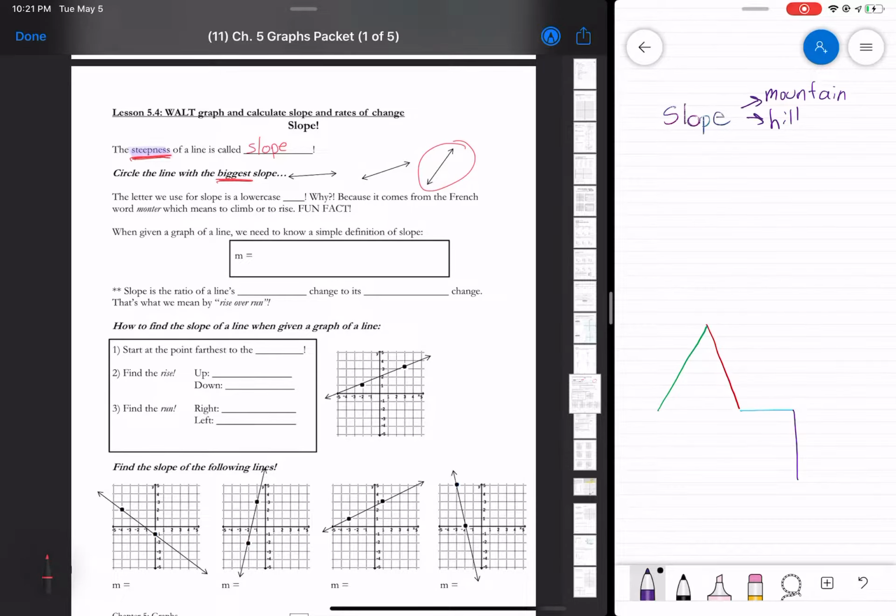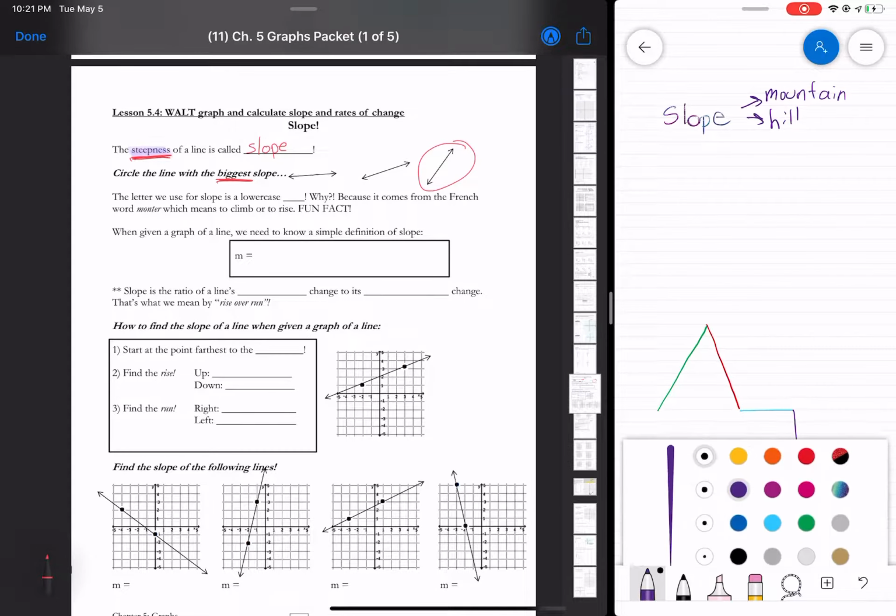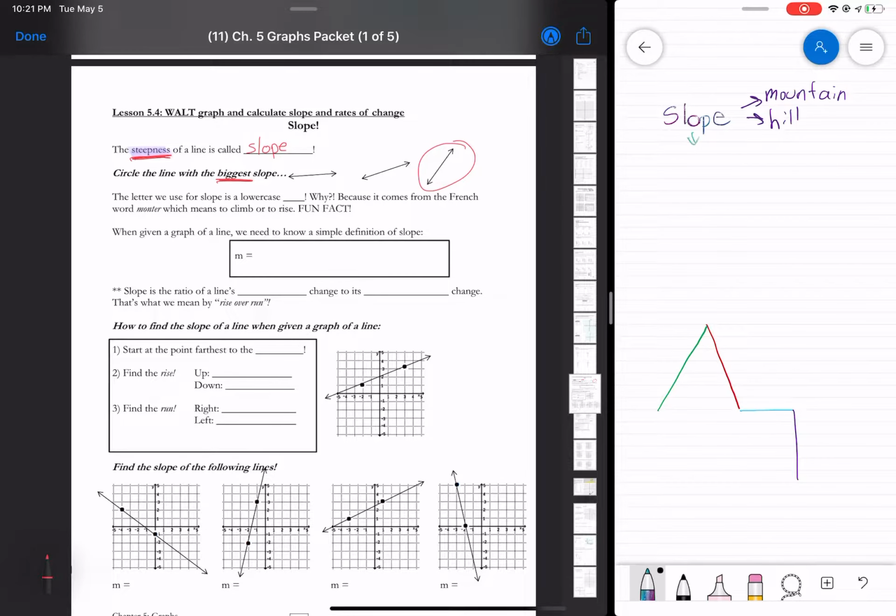And then the variable that we are always going to use is going to be m, because of the French word monter, which means actually to climb or to rise, which makes sense, right? When we think about slope now, you're going to want to remember this little slogan.